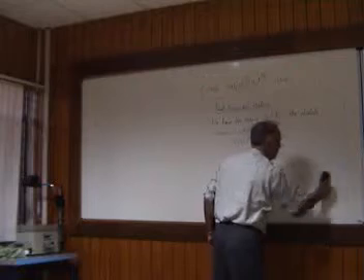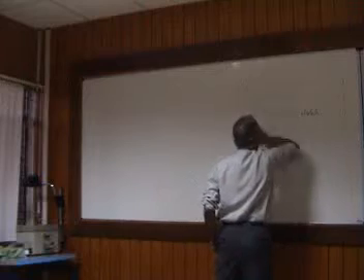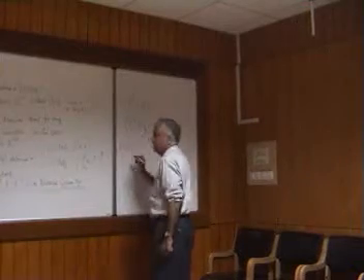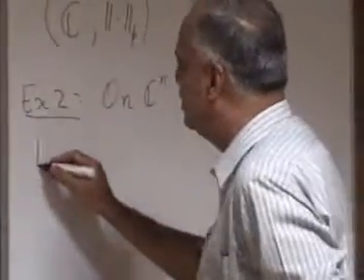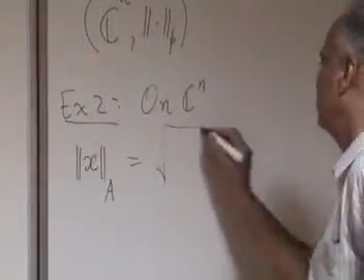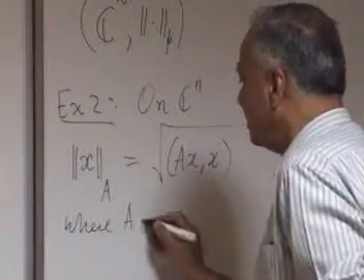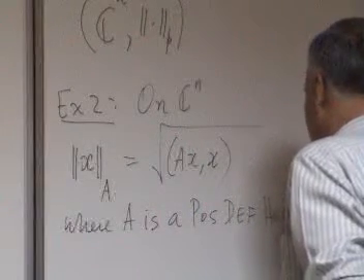For example, since I discussed this last time, I could even mention here as example 2. On Cn, we could also define a norm where A is the positive definite Hermitian matrix.